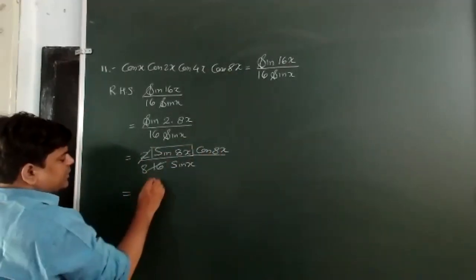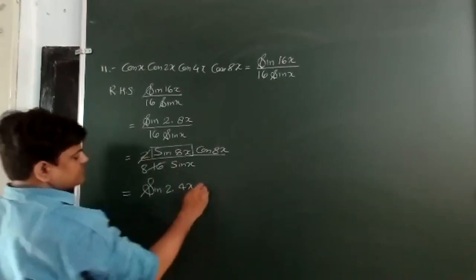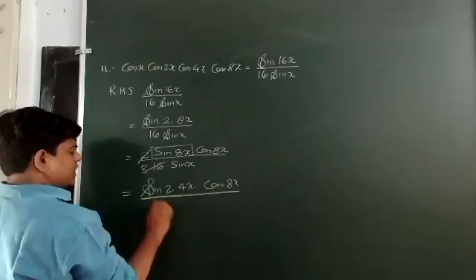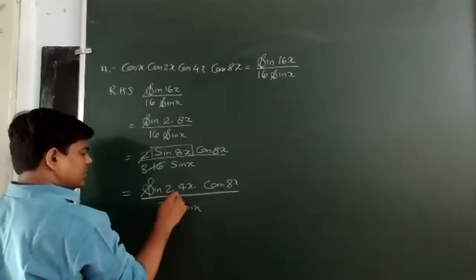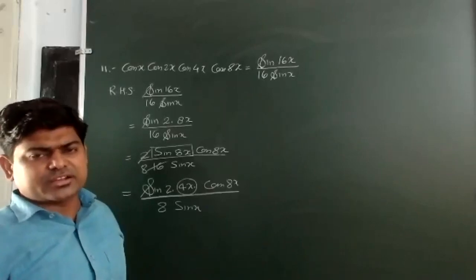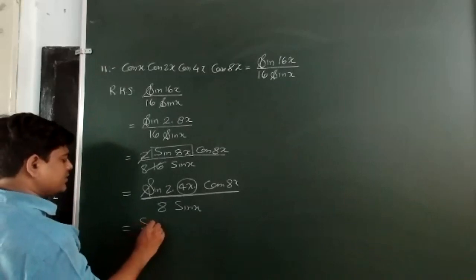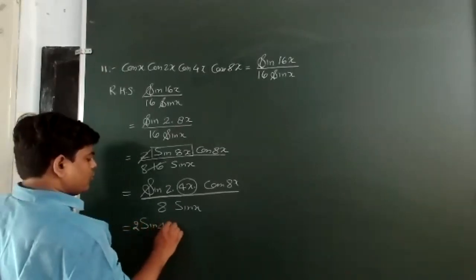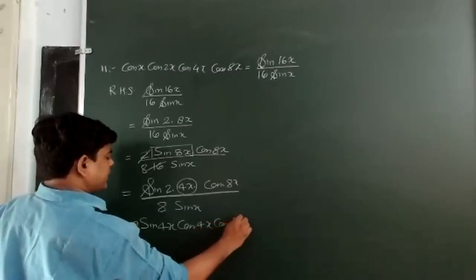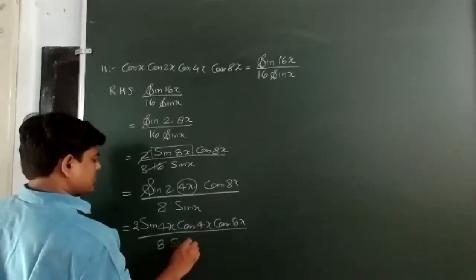Sin 8x can be written as sin 2 into 4x, and cos 8x stays like that, upon 8 sin x. Again, I am taking 4x as x. So the formula of sin 2x is 2 sin x cos x. It can be written as 2 sin 4x into cos 4x into cos 8x whole upon 8 sin x.